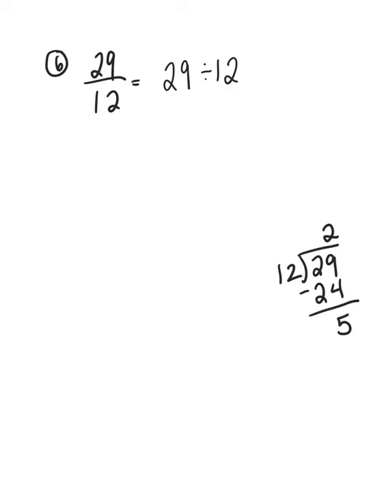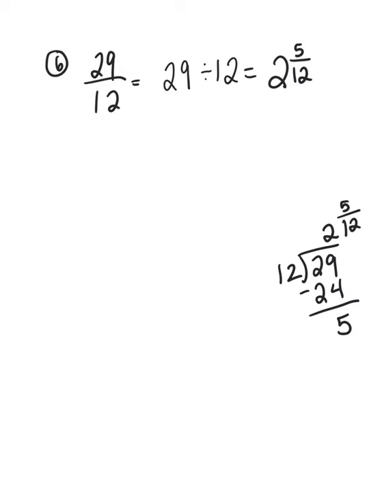That leaves me with a remainder of 5. 5 is going to be my numerator for my fraction, and 12 will be my denominator. So 29/12 is equivalent to 2 and 5/12.